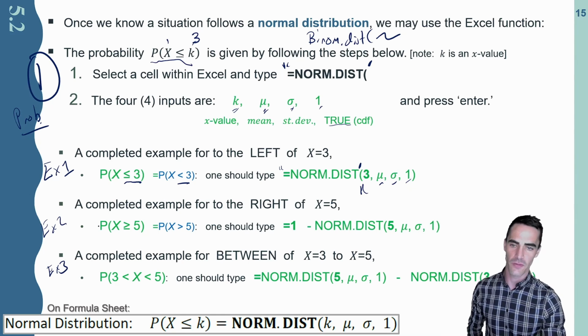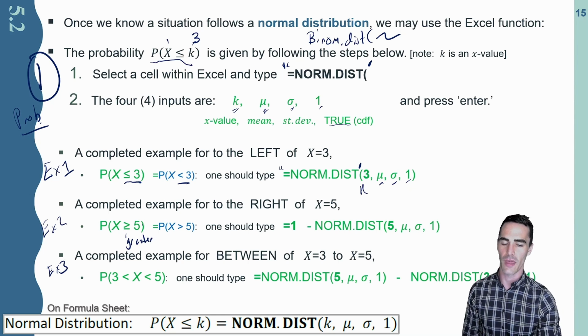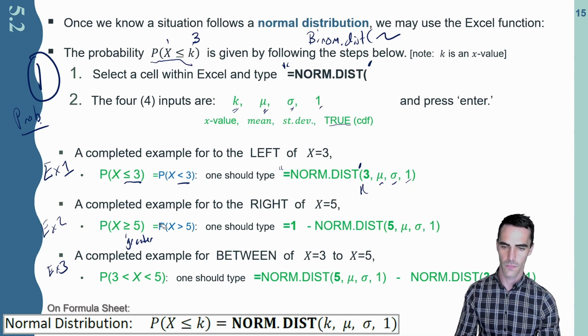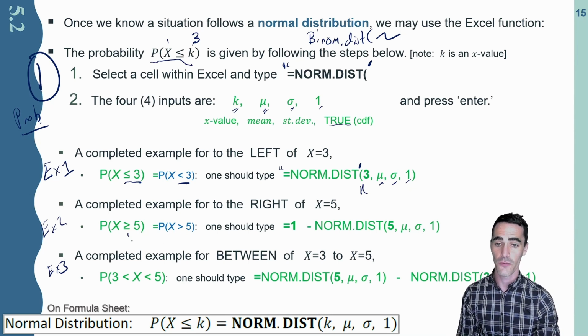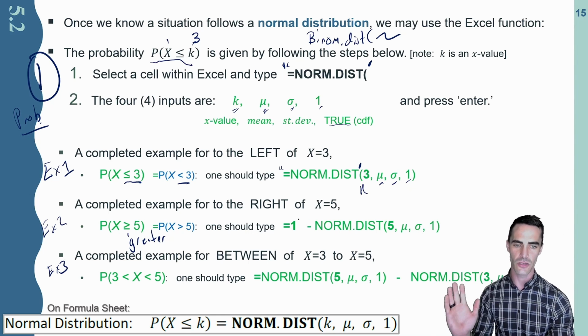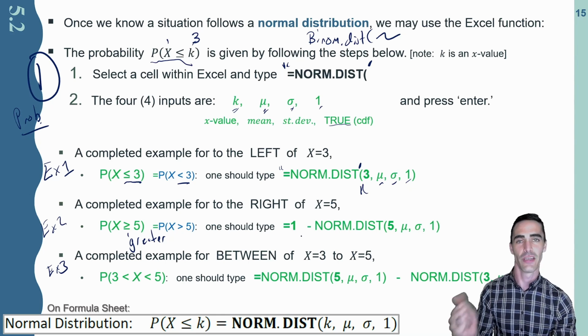If we're doing greater than, we've seen this before, if you're doing greater than 5, in this case, greater than or equal to, or just greater than, we're going to do 1 minus. Again, we can't do greater than directly. I have to do it in terms of less than.